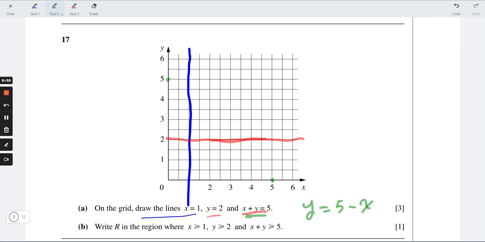Even if you want to find any other points you could. Suppose x is 1, that means y is 4. Another point, x is 2, that means y is 3.